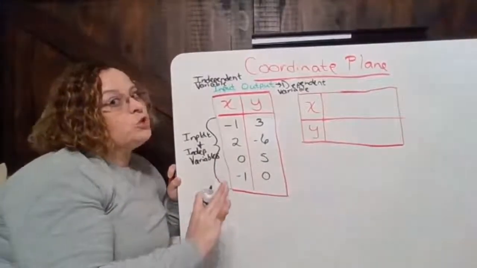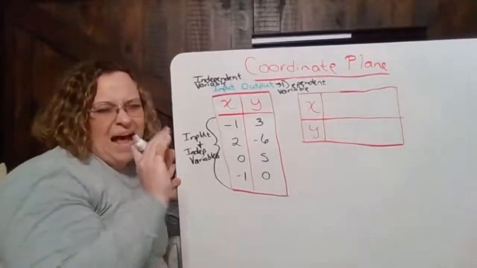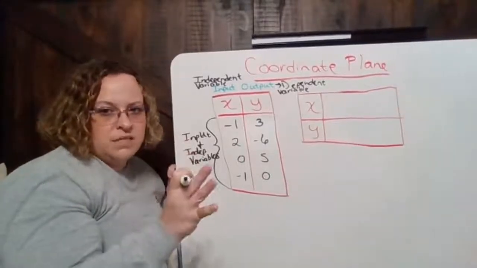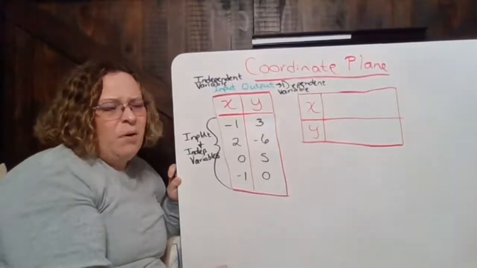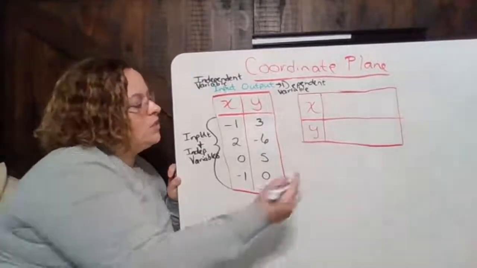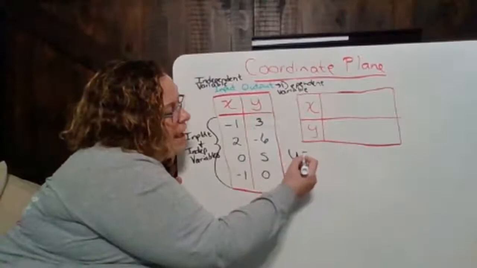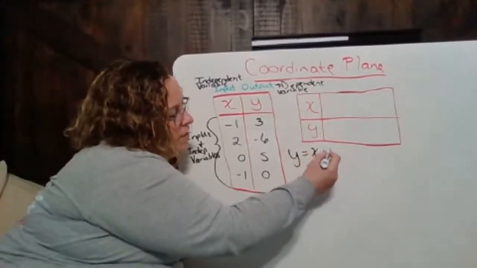Now, very quickly, I'm going to show you what I mean just to give you an idea of what that all means. Because if you're like me, I would be sitting in class going, but why? So let's say I give you this: Y equals X plus 4.